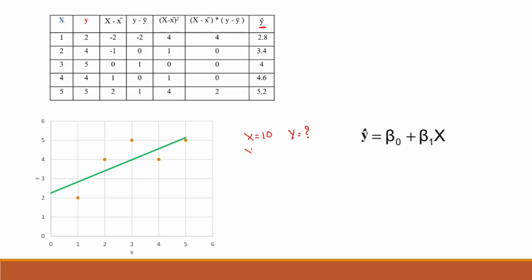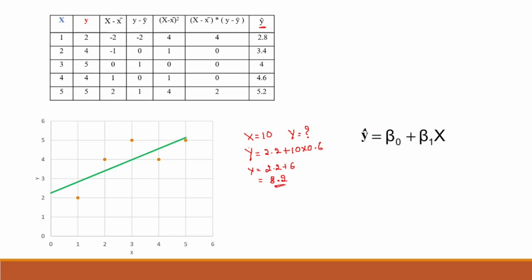So y hat, or the predicted y value, is equal to beta naught, which is 2.2, plus 10 into 0.6, which is equal to 6. So y will be 2.2 plus 6, which will be equal to 8.2. Okay, so this will be the answer.